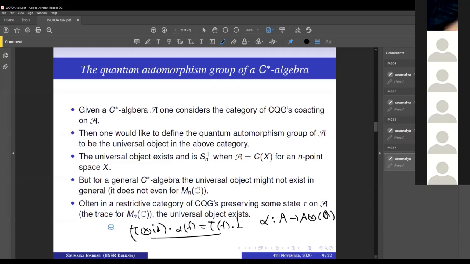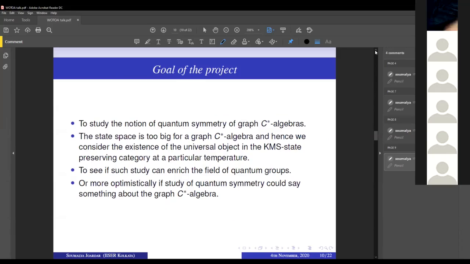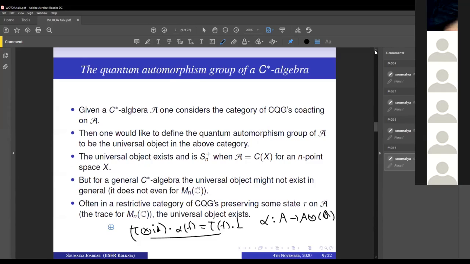Okay. So with that, now we have the tools, sort of. Our analog of a compact topological space would be a graph C*-algebra, and we would study the quantum symmetry of graph C*-algebras. And again, if one considers the category of compact quantum groups coacting on graph C*-algebras, the universal object again would fail to exist.